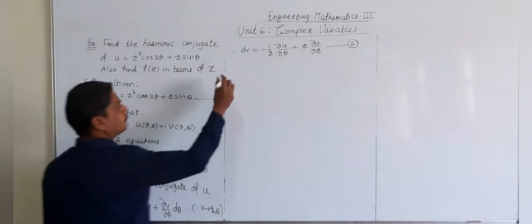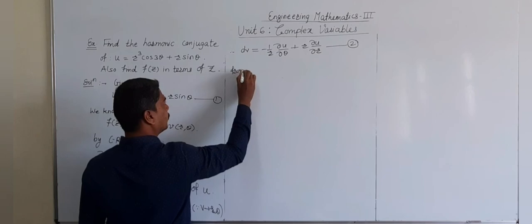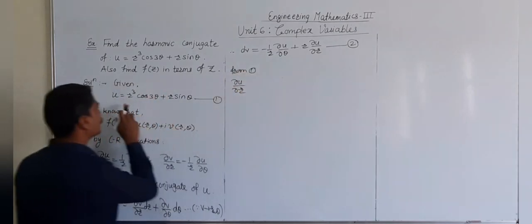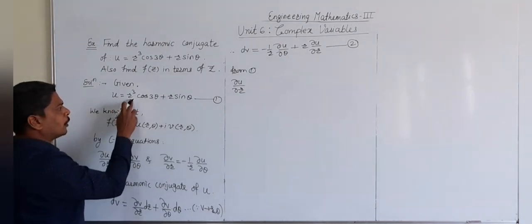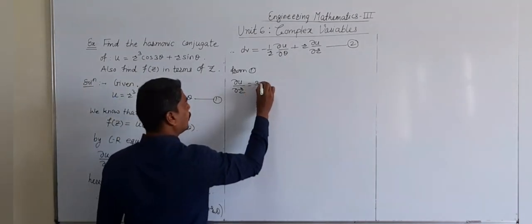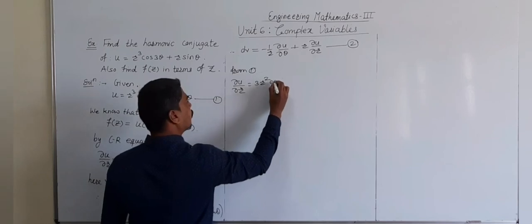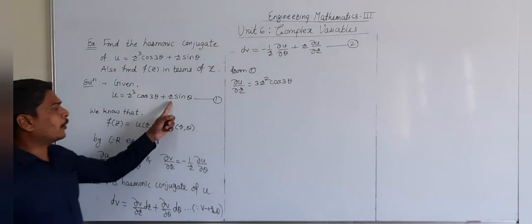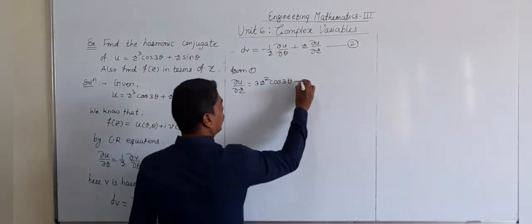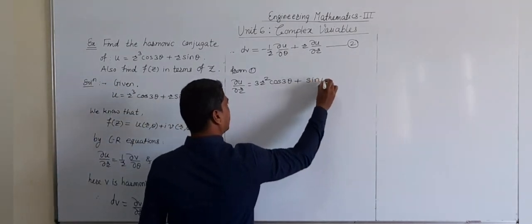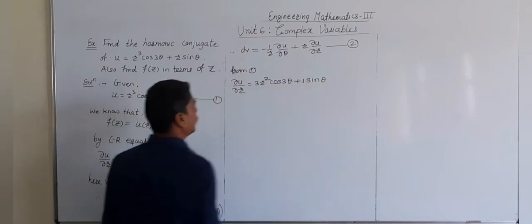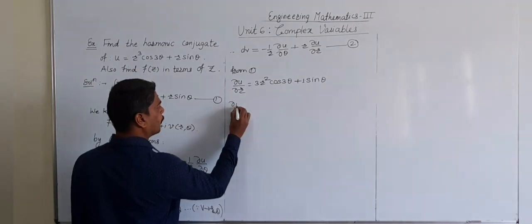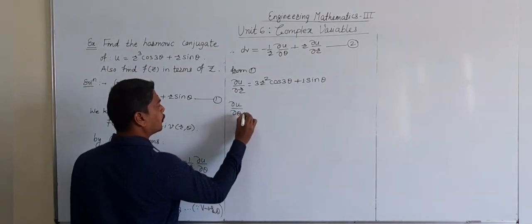So from 1, the partial derivative of u with respect to r: differentiate equation 1 with respect to r. The derivative of r cube is 3r square into cos 3θ as it is, because θ is a constant. Then the derivative of r is 1 into sin θ. So we get the partial derivative of u with respect to r. Similarly, find the partial derivative of u with respect to θ.